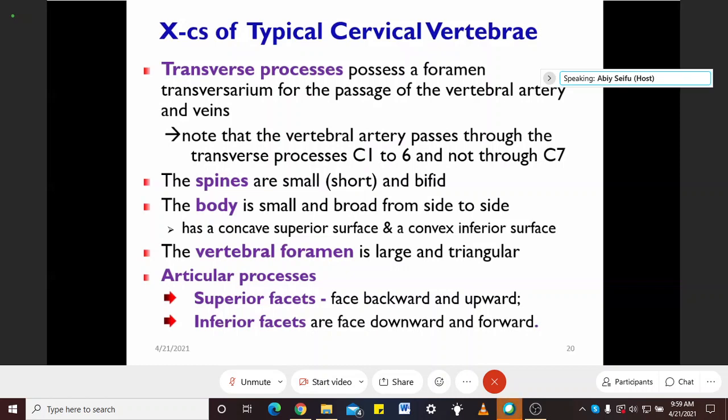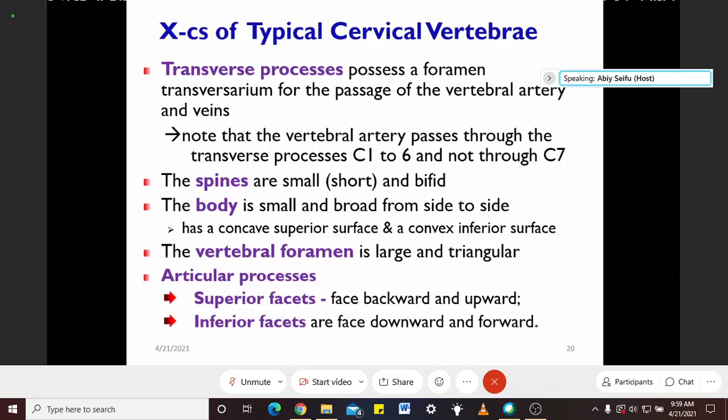And the vertebral foramen is larger and triangular. The vertebral foramen is larger because of the structure that is found within it, which is the spinal cord. So the spinal cord here is larger.